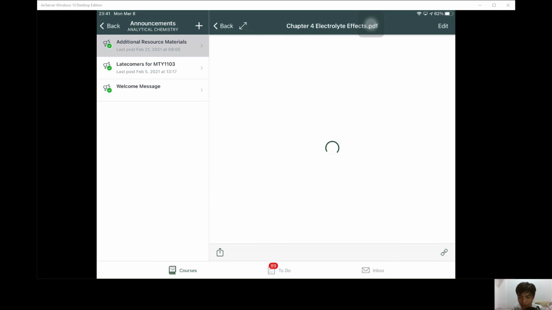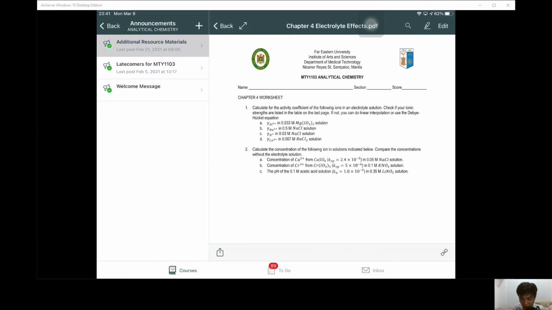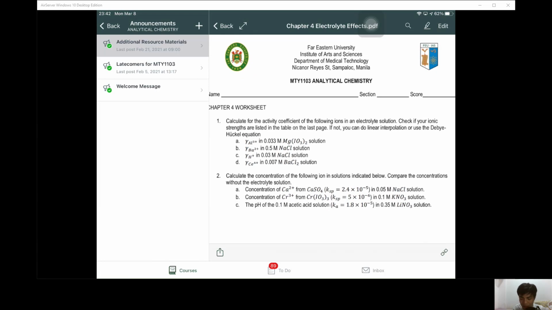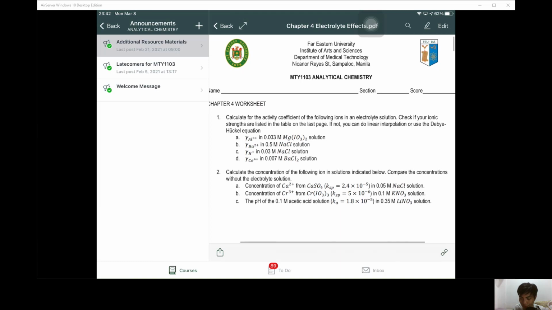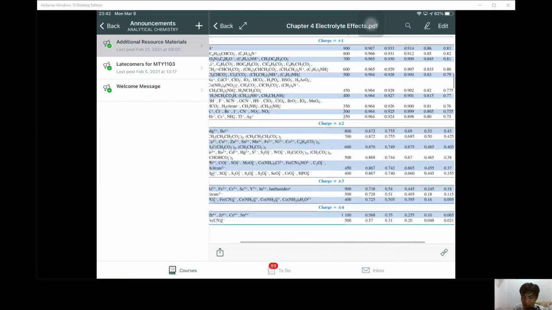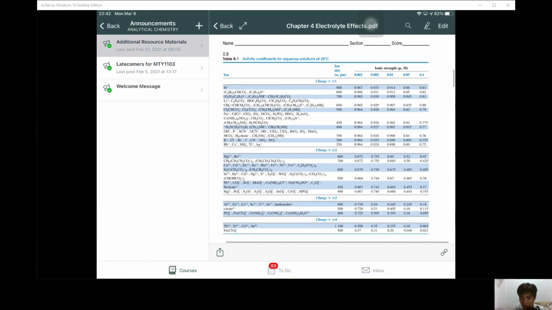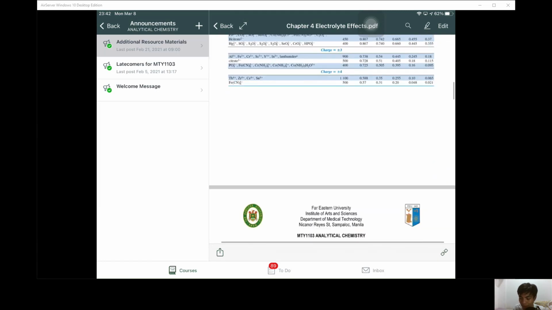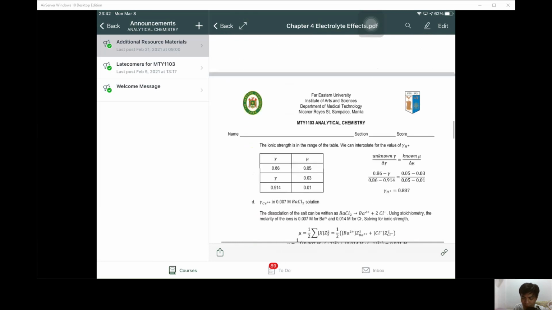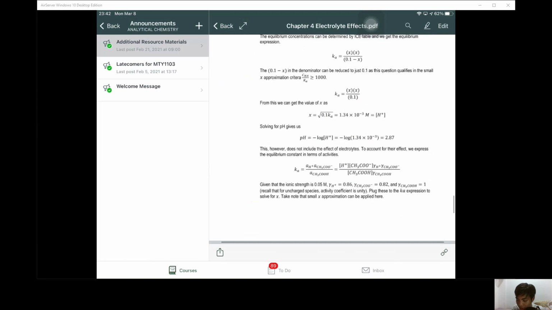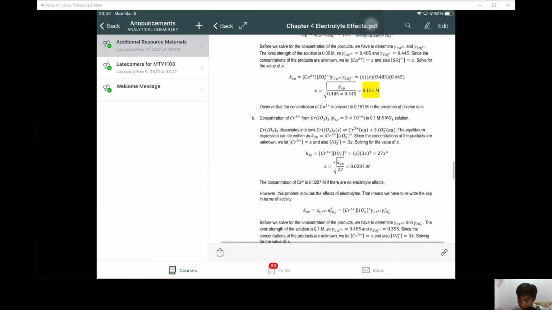I already uploaded a worksheet for Chapter 4, so I want you to practice on these two items with a few items below it. And then here's the activity coefficient table, so please take a screenshot or save this in your phone. And here's the calculation for all of those. Okay, so I showed here the calculation.